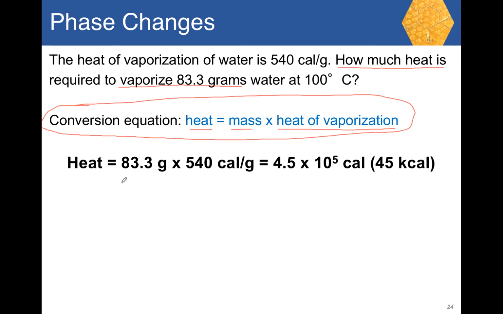So the heat here that you need to calculate, because it said how much heat, is the mass is 83 grams, as you can see here. Notice I'm including my units because they will cancel. And the heat of vaporization is 540 calories per gram. That's a constant, will be given. Plug these numbers into your calculator, and what you have over here is 4.5 times 10 to the 5th, or 45 kilocalories.